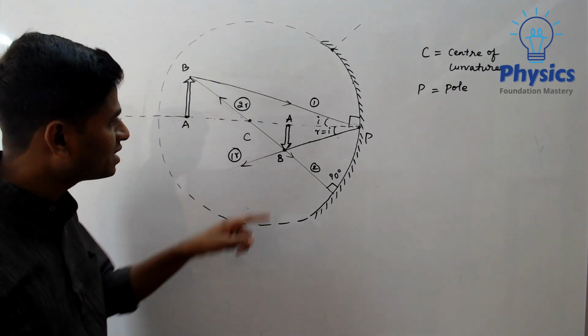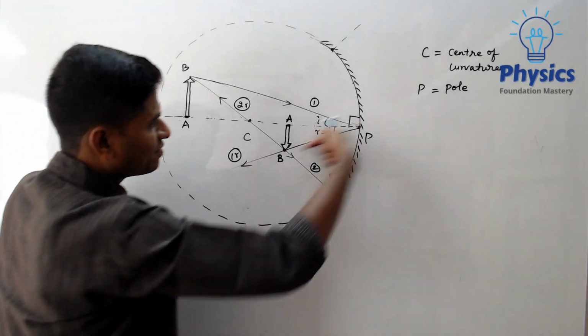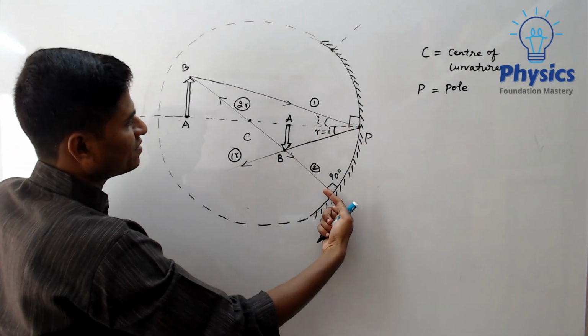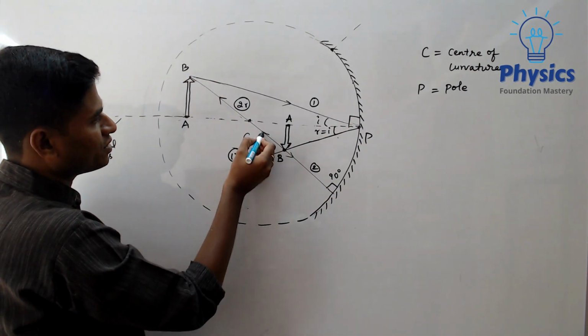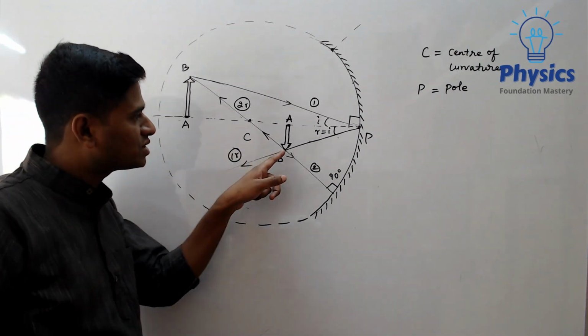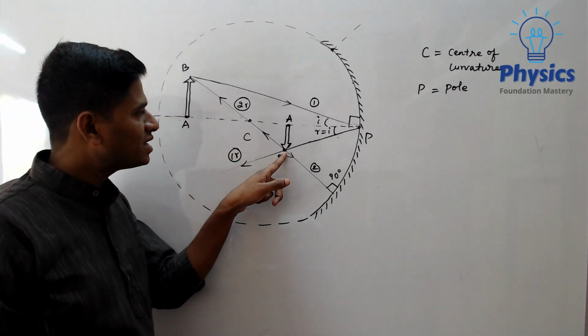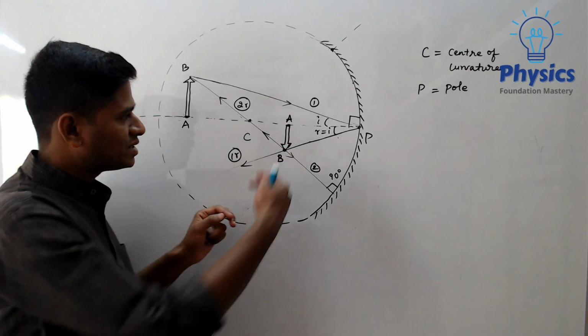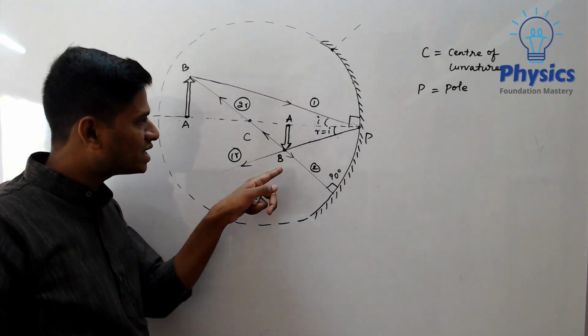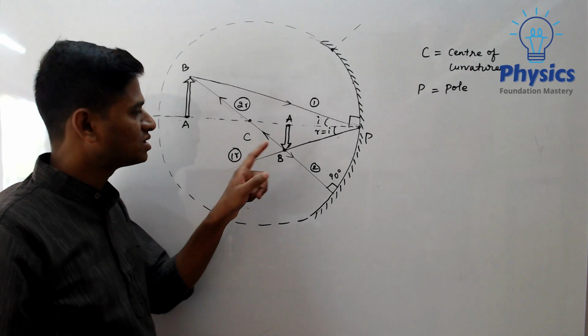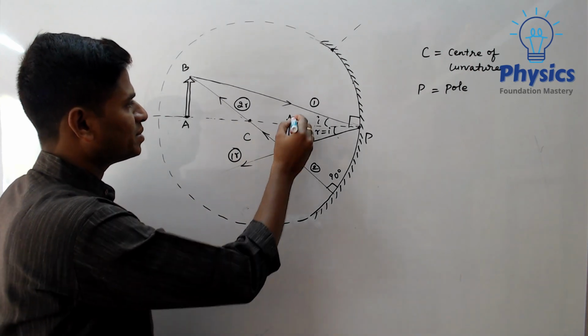Actually, the reflected rays, one from here and the other bouncing back, originate from this position. Similarly, from every point, reflected rays originate from the position of the image. So we can call it B dash.